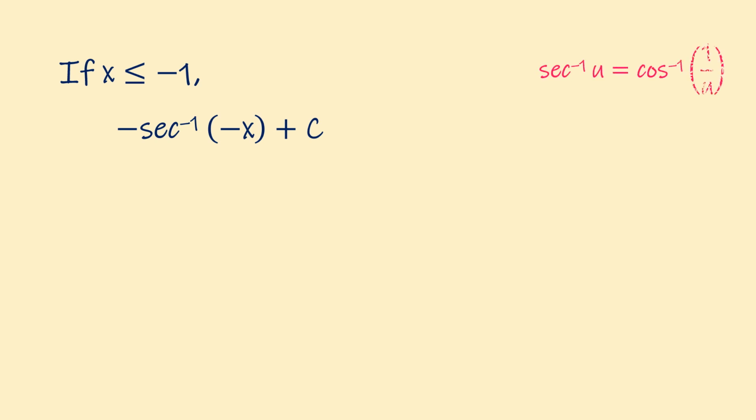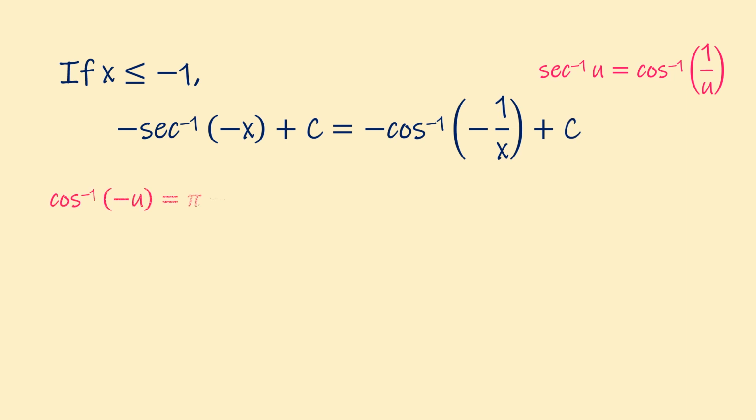If x is less than or equal to -1, the answer of solution 1 is the negative inverse secant of negative x plus c. The inverse secant of u is equal to the inverse cosine of 1 over u. Convert inverse cosine to inverse sine using these identities.